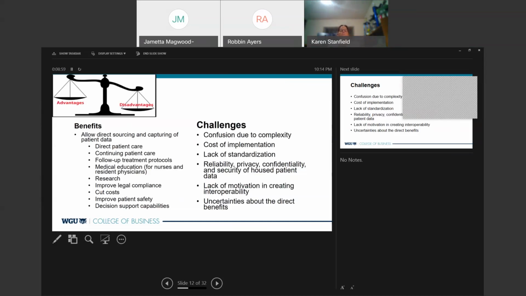So even when implementation was close to being mandated in 2014, because in 2014, that's when they started incentivizing the implementation of EHRs in order for the eventual mandate of the electronic healthcare record, many organizations just didn't feel like it was best for them.